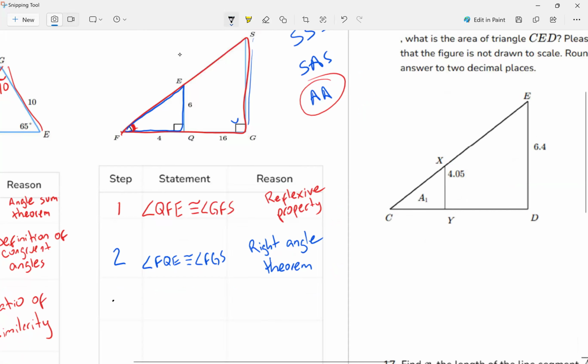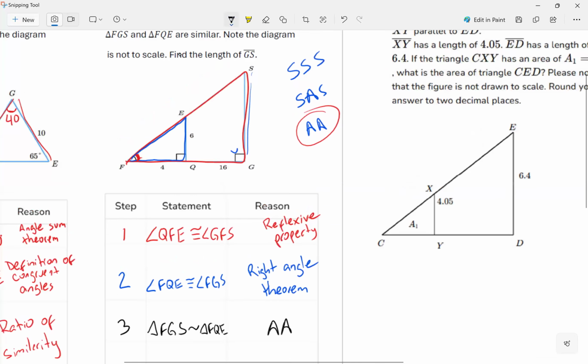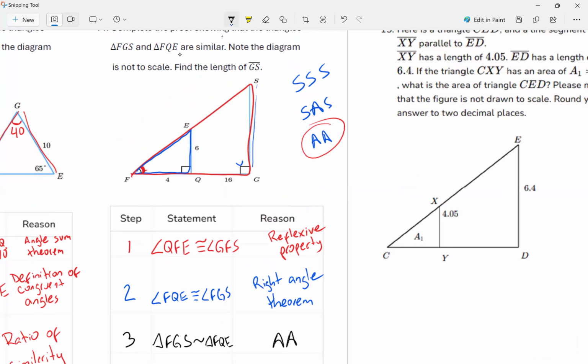So I think I'm ready to prove. I'm going to use my step 3. I'm going to say triangle FGS, the big triangle, is similar to triangle FQE, and I'm saying this by angle angle. That's the thing I needed to prove, that the two triangles are similar.